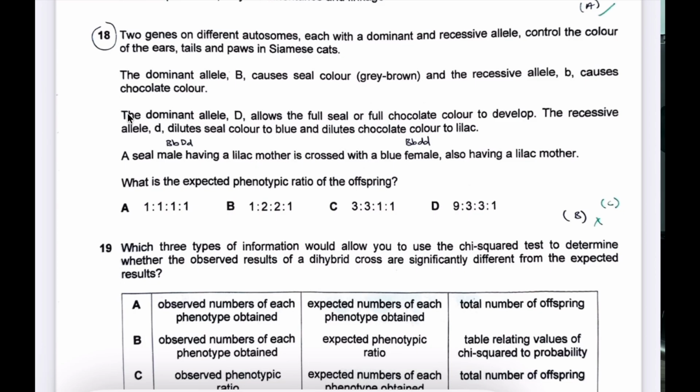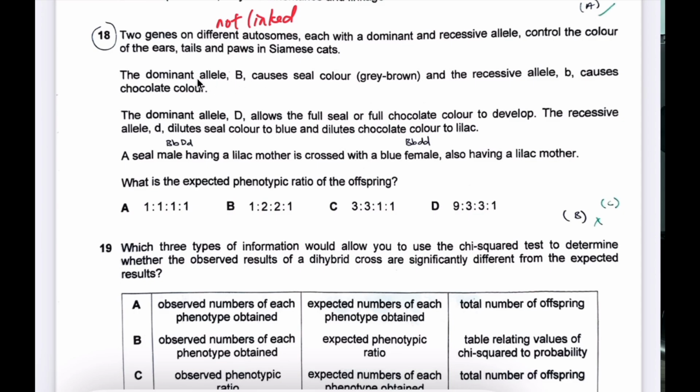Genetics, you have to understand all the rules for genetics. Okay, this one here, two genes on different autosomes, that means they are not linked. Dominant, recessive, controlling color of ear.